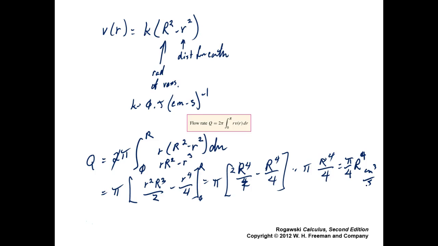So for a vein or an artery about that size, it's whatever radius that is in centimeters, which is pretty small. A centimeter is about the distance across your little fingernail.